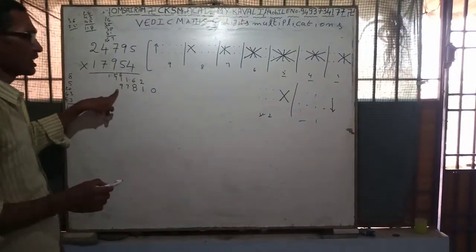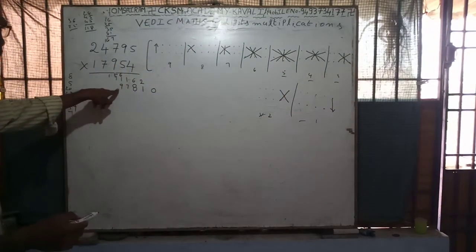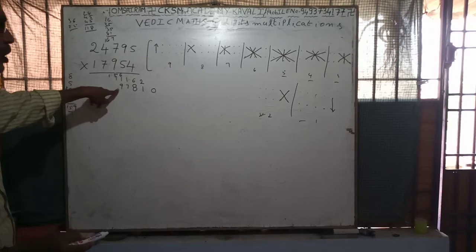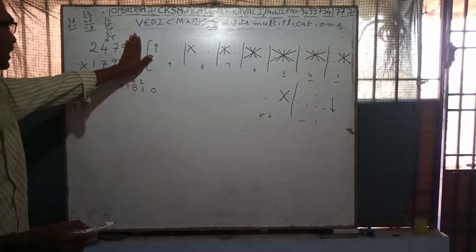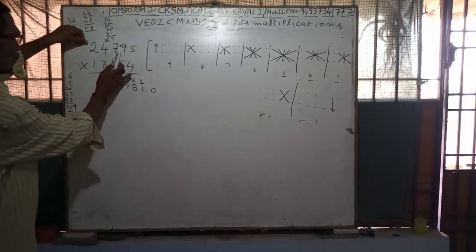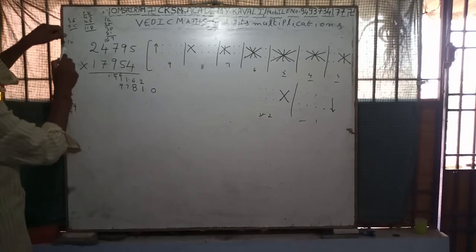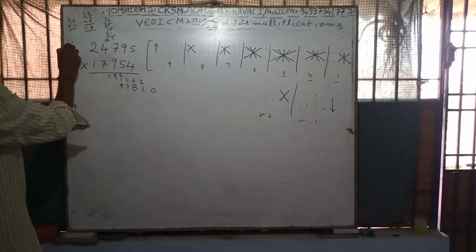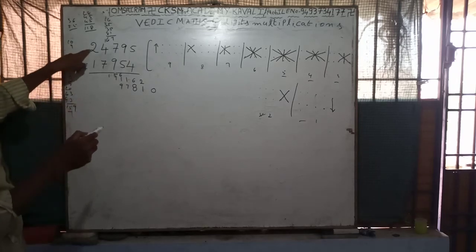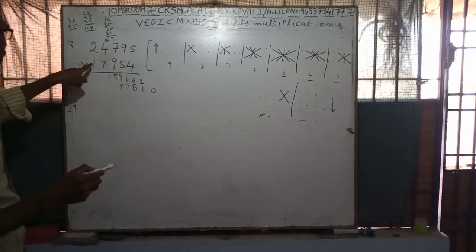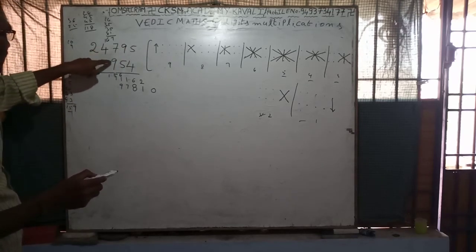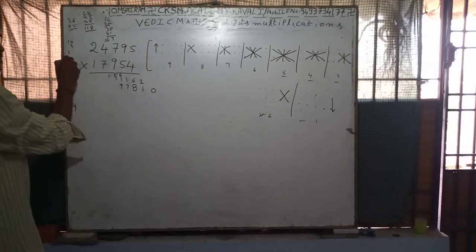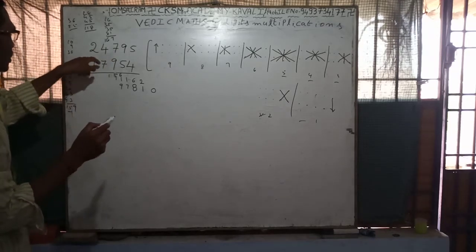Next we go to the sixth step. The sixth step means we remove this one. So 2 5s are 10. 9 1s are 9. 9 4s are 36. 7 7s are 49.